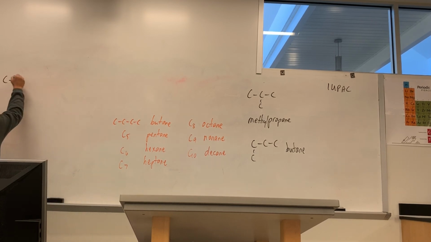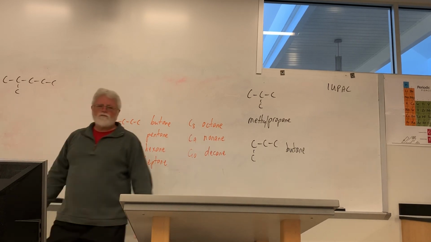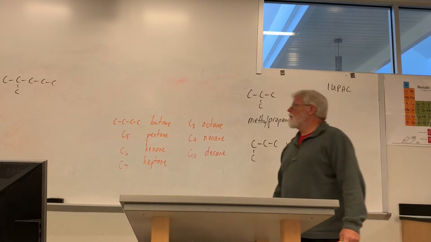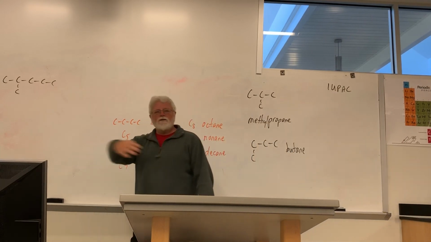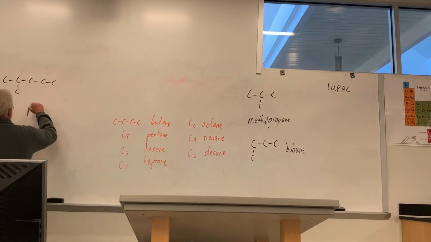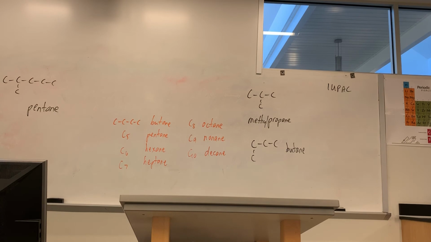Who's this? The longest continuous chain? 5 carbons, that makes it pentane. Is anything stuck on that 5 carbon chain? 1 carbon is, that's a methyl group, that makes it methylpentane.